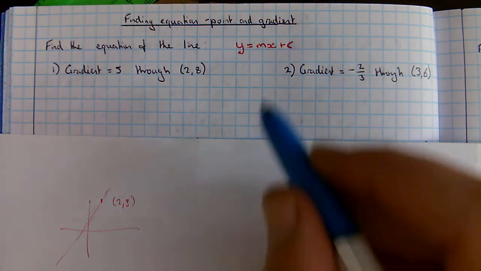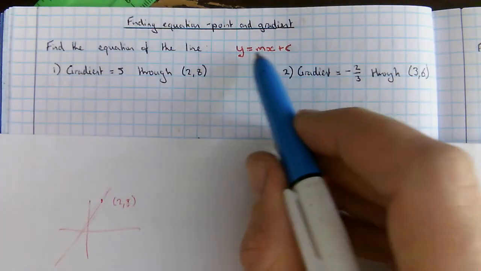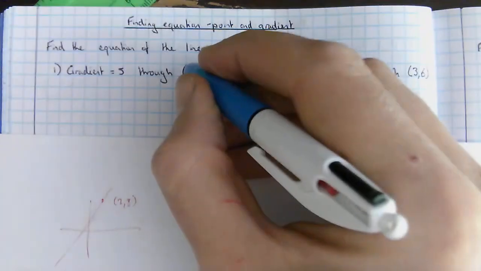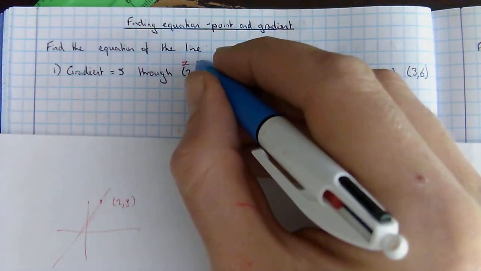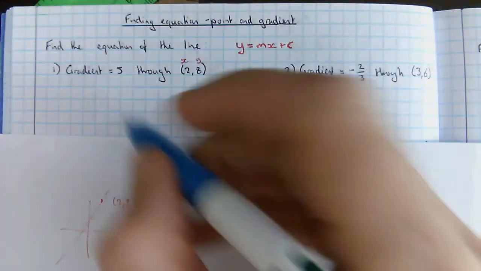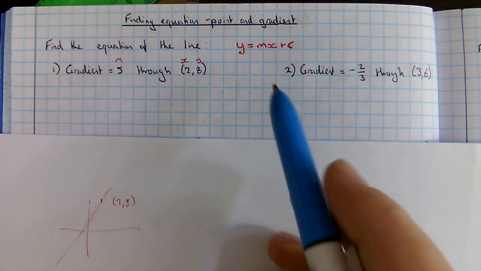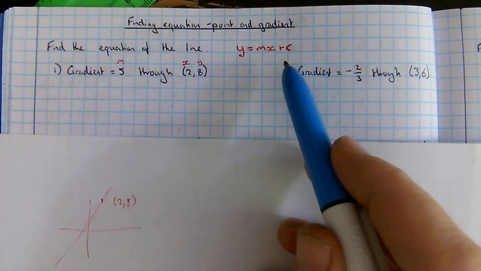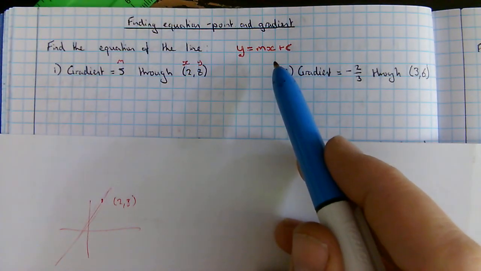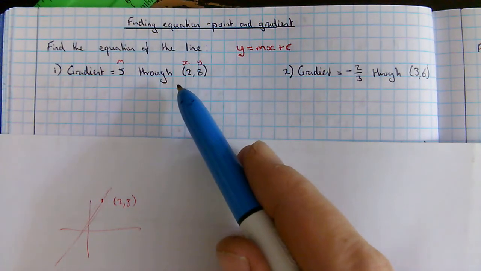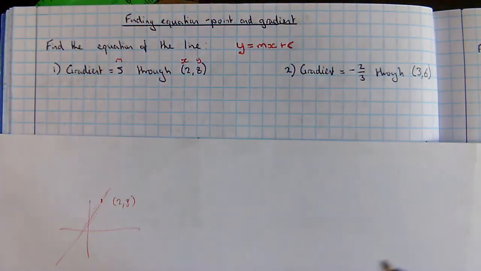Well, if we think about y equals mx plus c, we know that at this point x equals 2 and y equals 8. And we know that m equals 5. The bit we don't know is what c is. And so what we're going to need to do is try and work out what c is by substituting everything we do know into the equation of the line.